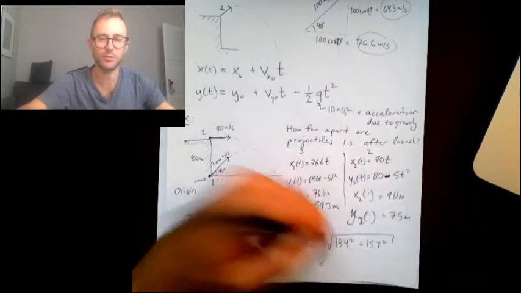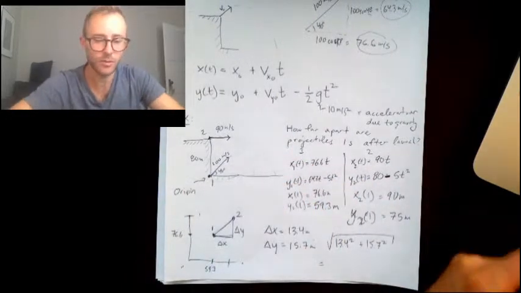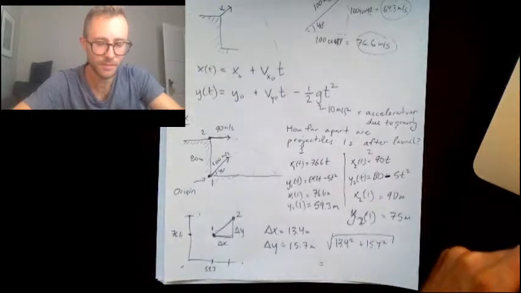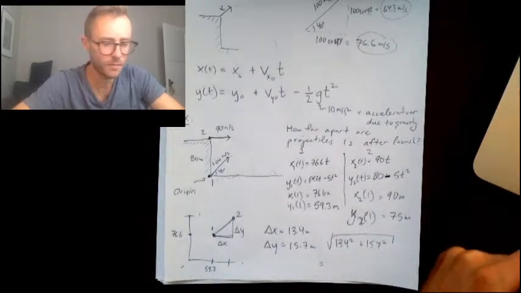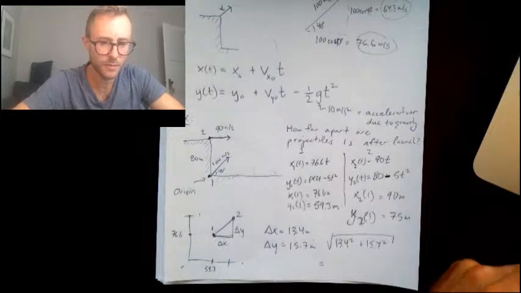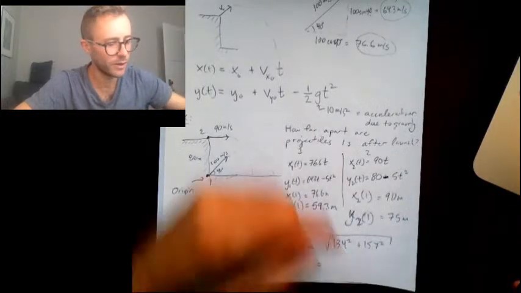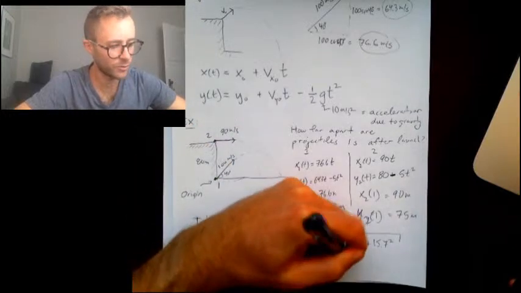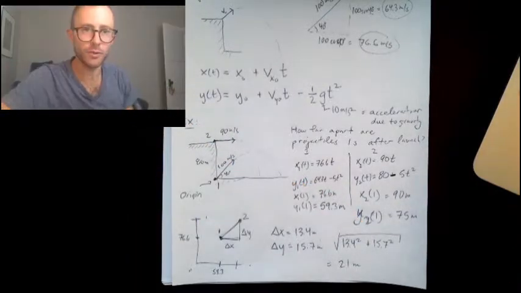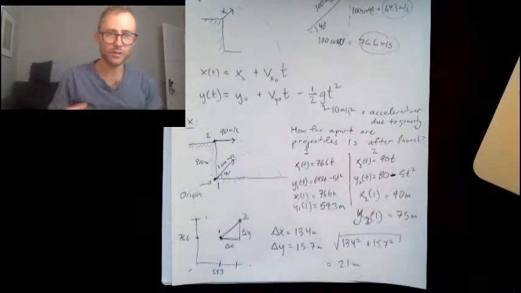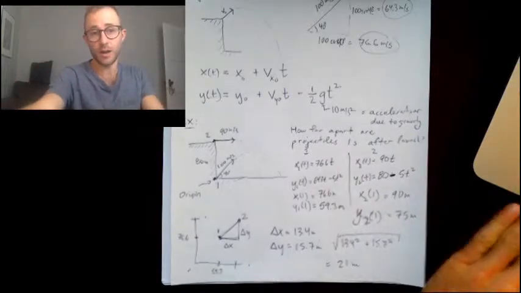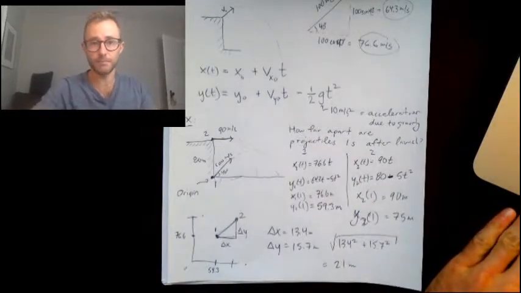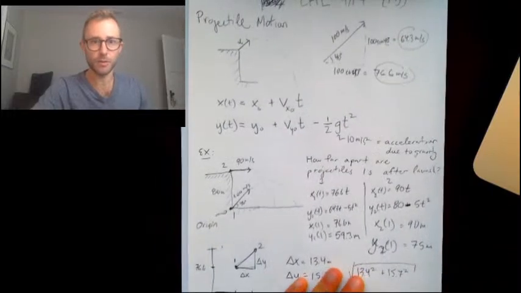I will then plug that into my calculator. And we get, they are about 21 meters apart after 1 second. All right, so that's a slightly more complicated problem than we had last year with projectile motion. Okay, so I hope that makes sense.